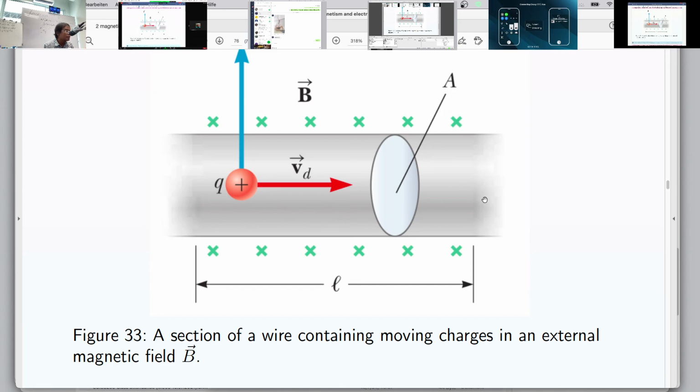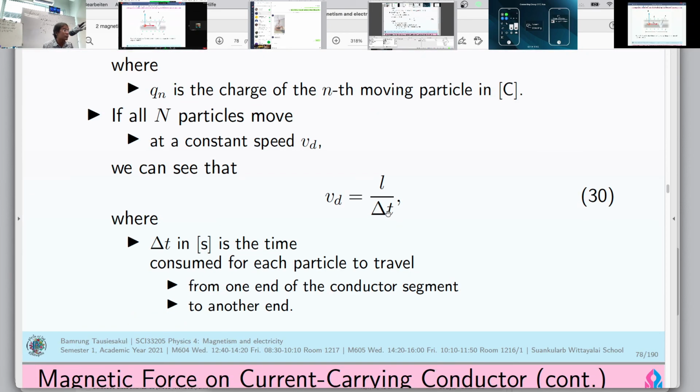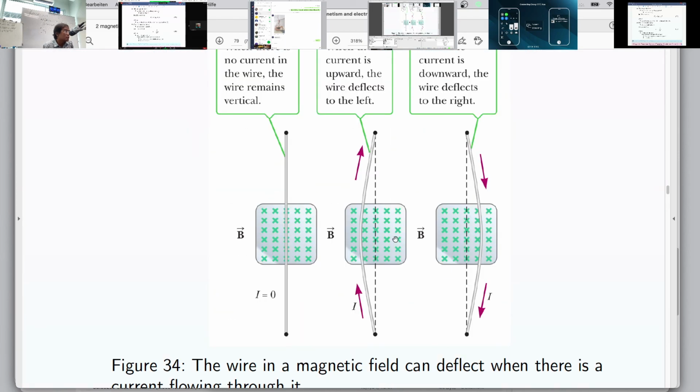When they arrive at the final line, the ending point here, the referee just stops the clock, and the time used from the starting point to the ending point is going to be set as delta t. In this equation, the variable delta t in equation number 30 is the measurement time for the runner or for the charge that moves inside the connector.